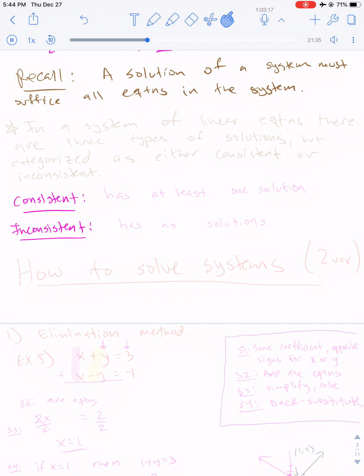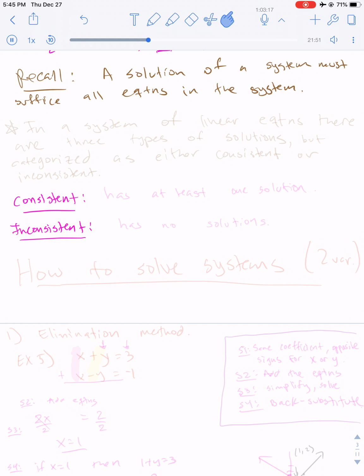Now, these solutions can be found in a few ways, and we're going to start delving into the elimination and substitution methods that we've probably learned in Algebra 2, and if not, we'll review them, introduce them, sorry.